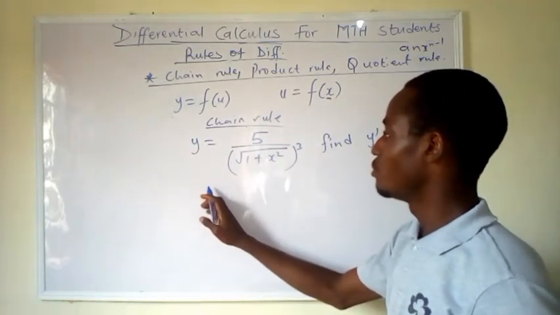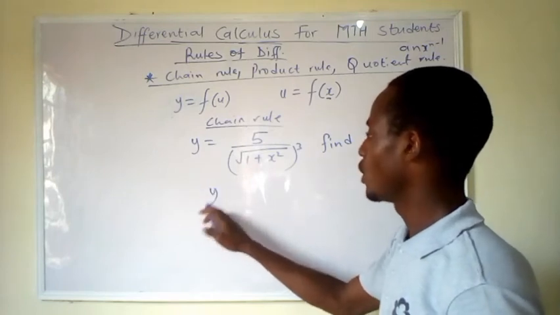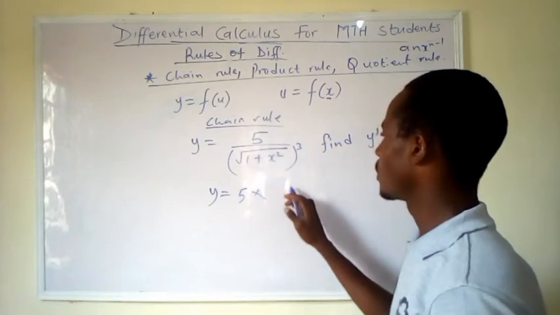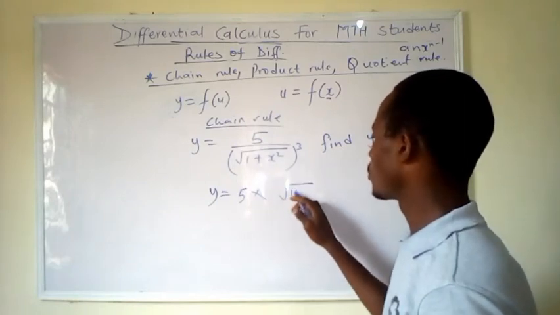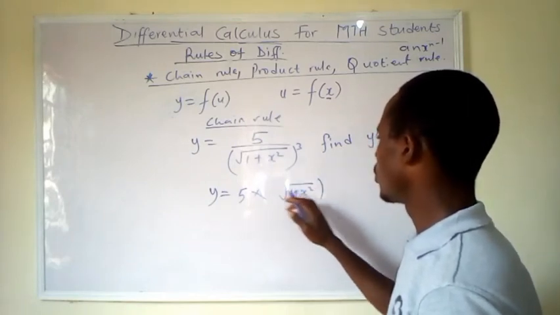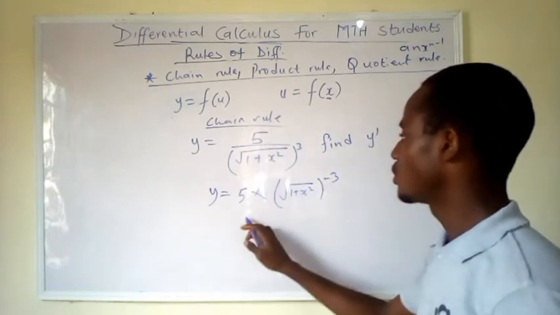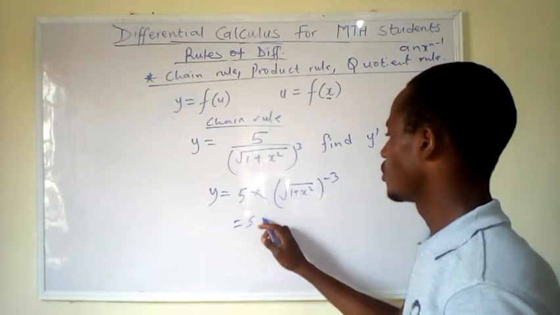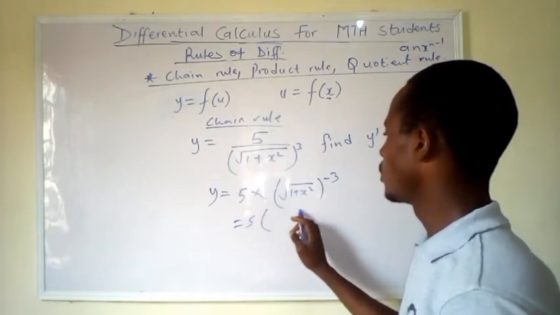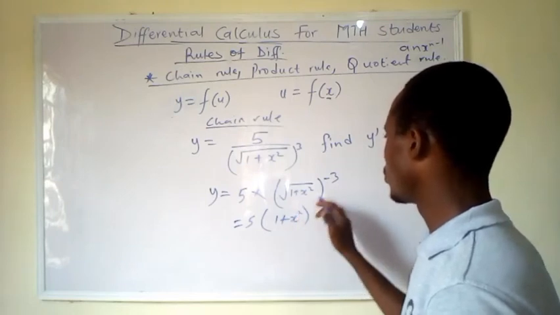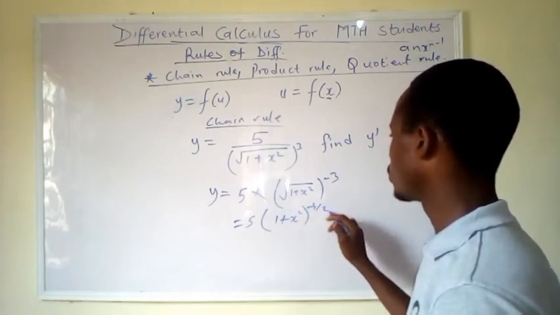That would give me y equals 5 multiplied by the root of (1 plus x squared) all raised to the power minus 3, which is the same thing as 5 multiplied by (1 plus x squared) raised to the power minus 3 over 2.